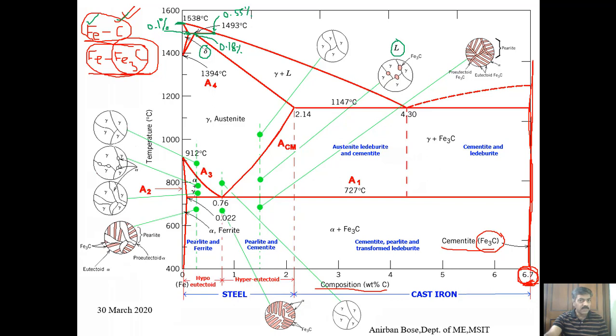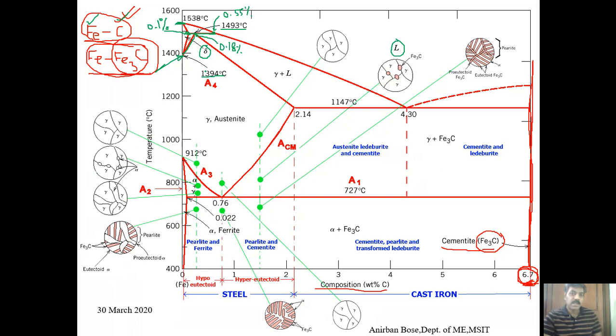Then this single phase, which is delta iron, can be easily identified. You have to draw this line and join this one with 1394 degrees centigrade. This temperature, 1394, is a very important temperature. You have to remember this temperature, that is 1493.